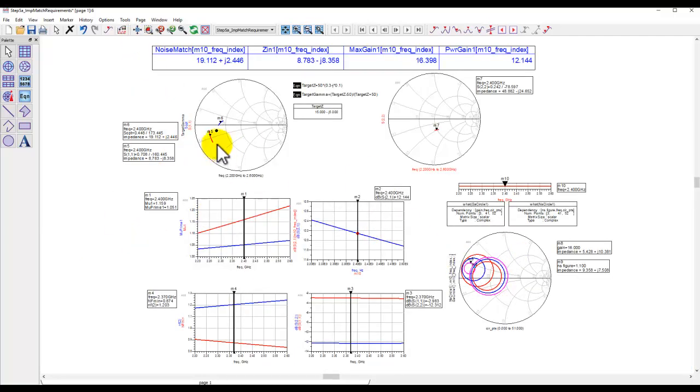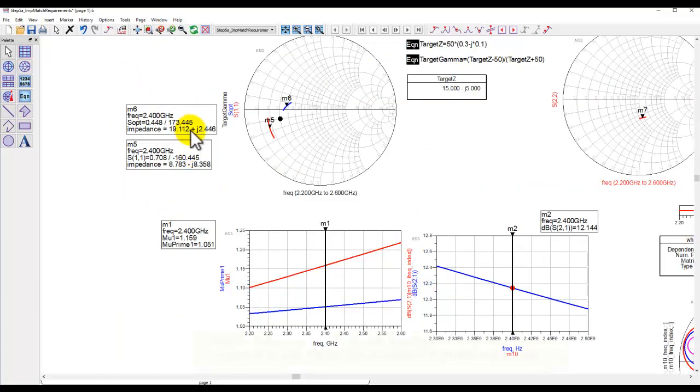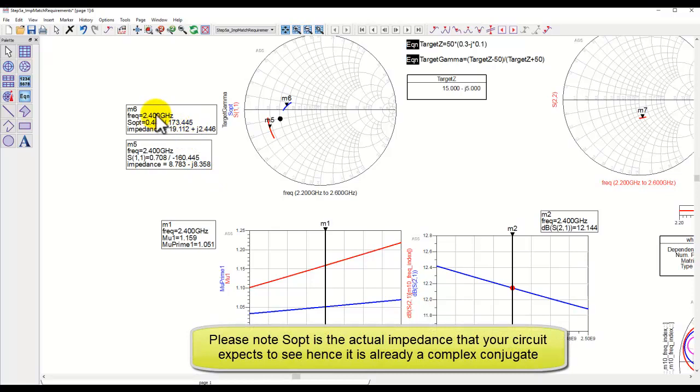Now, if you just want a quick feel of what happens to my performance if I terminate my amplifier at a particular impedance point, let's do a quick exercise. Say I want to obtain the best possible noise figure from my amplifier.